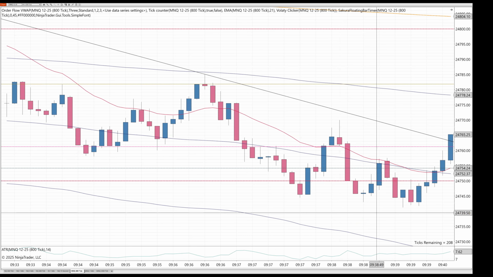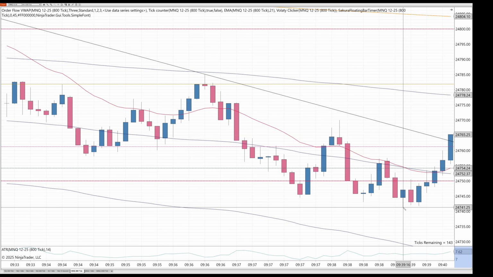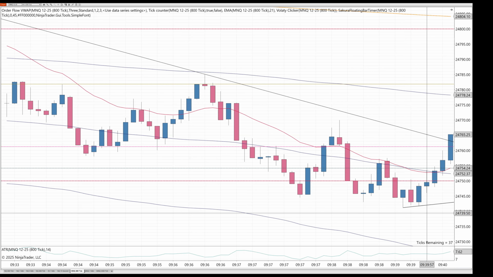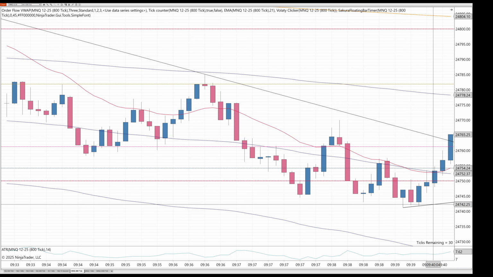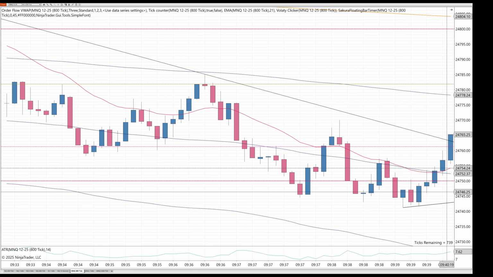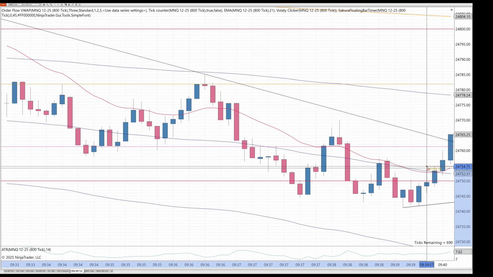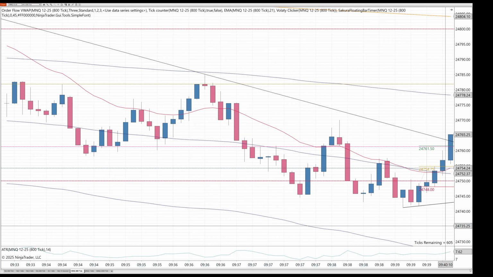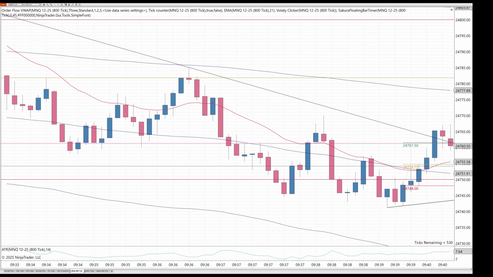So my rules here are finally coming into effect. You can start seeing why I have some of these rules. And I believe the bullish trigger was here when we were still in the bearish trade, so you can't really take it. But we are going to keep track of the runner.